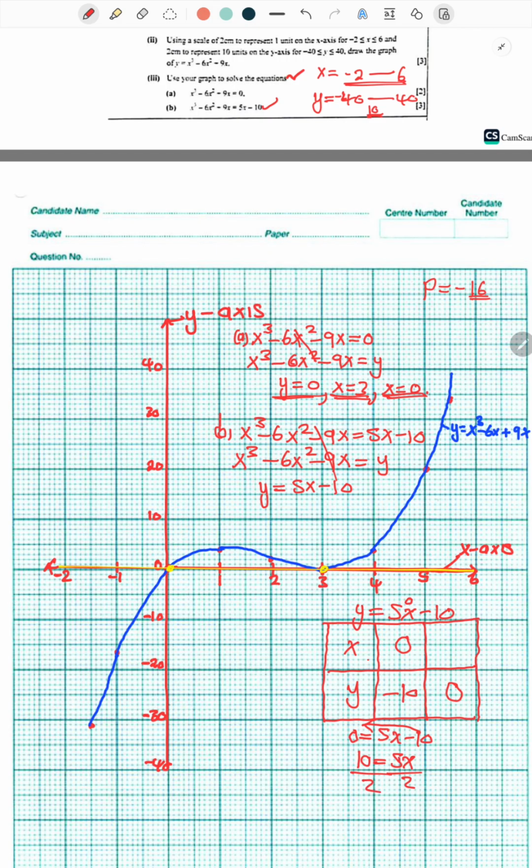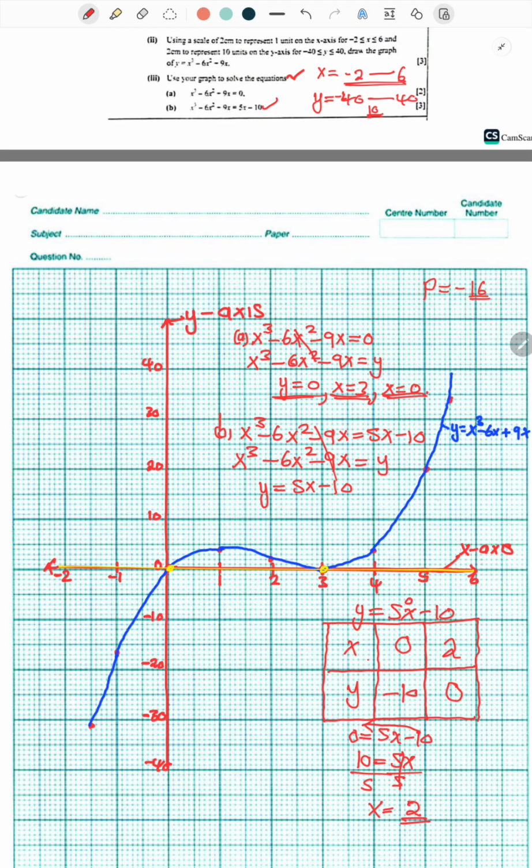Dividing both sides by 5, our x is going to equal 2. So if your y is 0, then your x is going to be equal to 2.